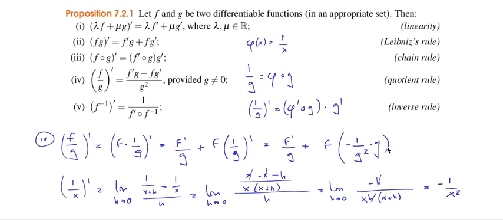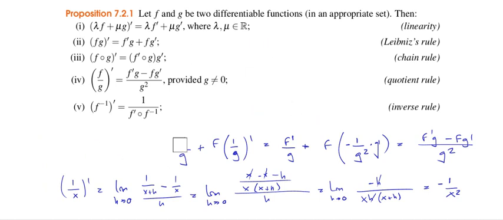And so this is f prime over g minus f times g prime over g squared. If we want to take everything in the same denominator, we have g squared, and then we have f prime g minus f g prime, which is what we wanted to prove. Okay, obviously provided that g is different from 0.